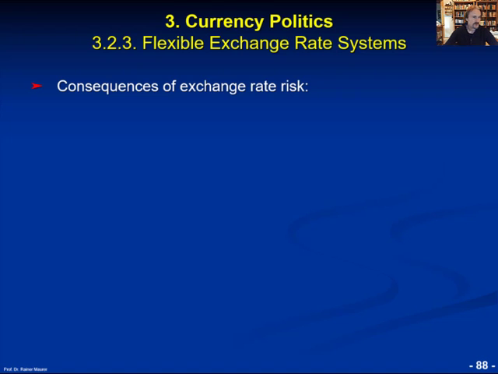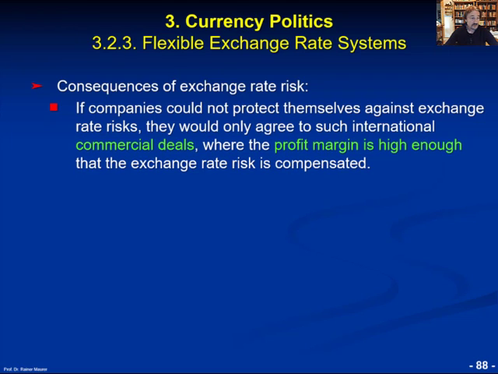What are the consequences of such an exchange rate risk? If companies could not protect themselves against exchange rate risk, they would only agree to such international commercial deals where the profit margin is high enough such that the exchange rate risk is compensated.